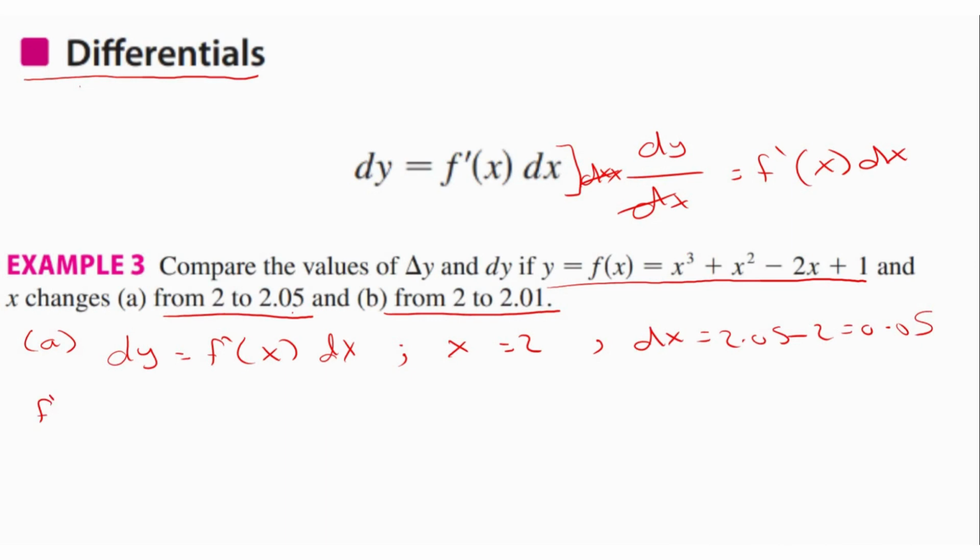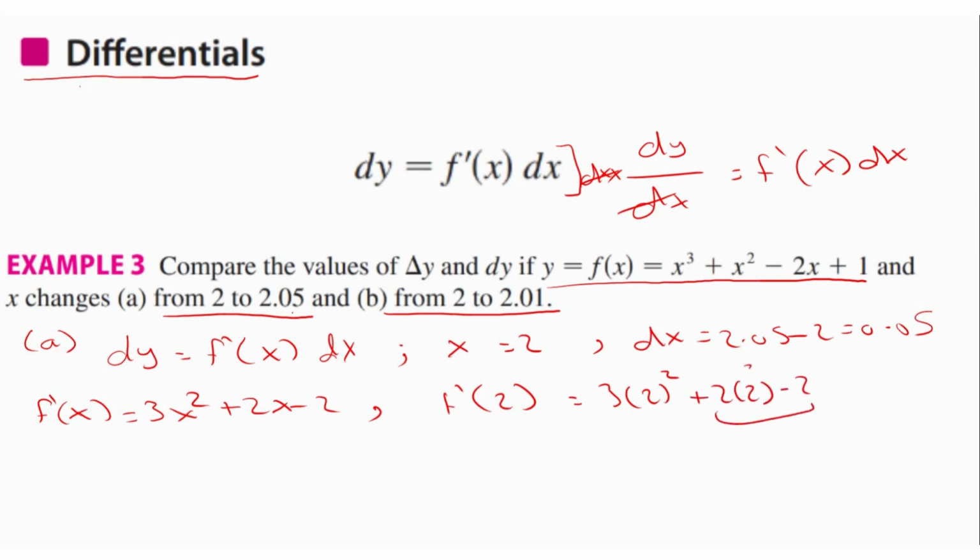Now to find the derivative of the given function, it will be 3x squared plus 2x minus 2. Now f prime at x equals 2 is going to be 3 multiplied by 2 squared plus 2 multiplied by 2 minus 2. 3 times 4 is going to be 12, 12 plus 2 is going to be 14.